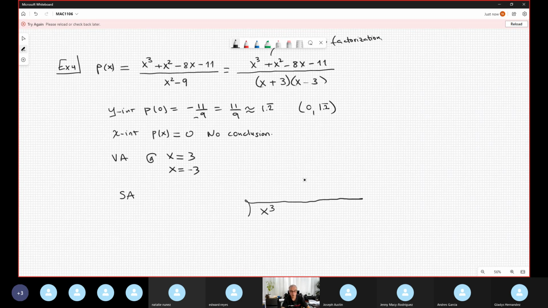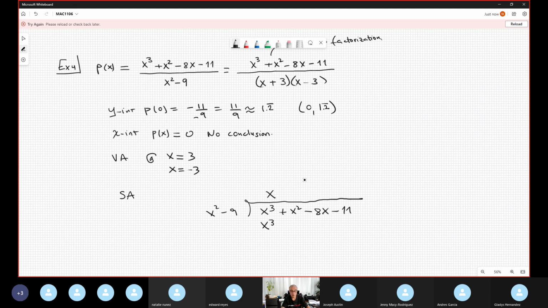x cubed plus x squared minus x minus 11, divided by x squared minus 9. Okay, so it's x times x squared, x cubed, minus 9x.